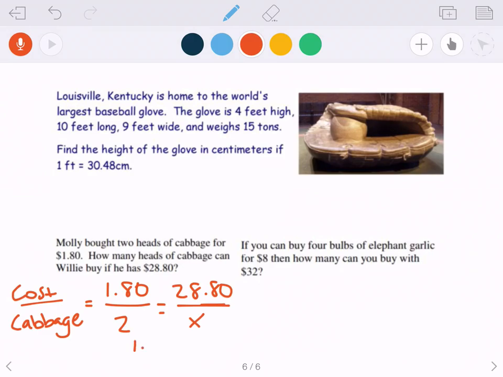So when I multiply, I'm going to get 1.80x equals 28.80 times 2 is $57.60.